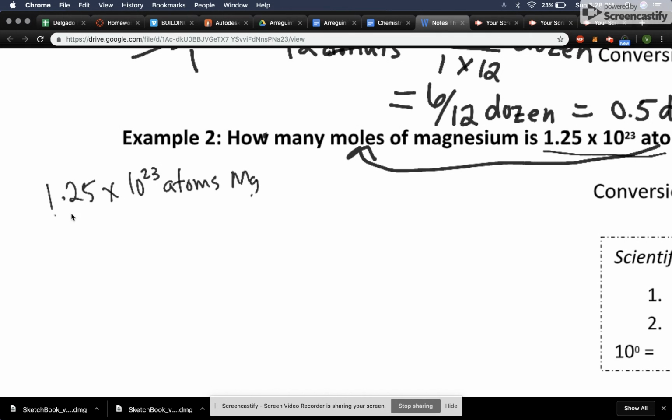We put that over 1 because that's the numerator. And then we're going to multiply that by 1 mole of magnesium over 6.02 times 10 to the 23rd atoms.